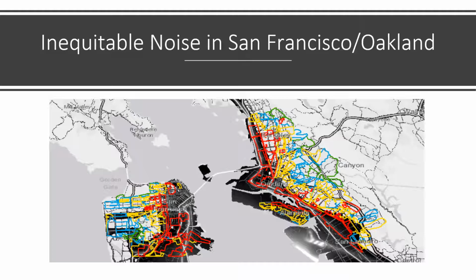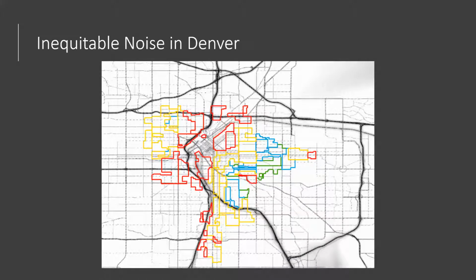So again, you can see pretty clearly here that the areas that have been redlined have a lot more noise pollution. And then, bringing it back to home, the pattern also holds in Denver. It's a little less dramatic, but you can see the I-25 corridor running north to south down somewhat the middle of this map. And again, you have these redlined areas being impacted by more noise pollution, even here in Denver.